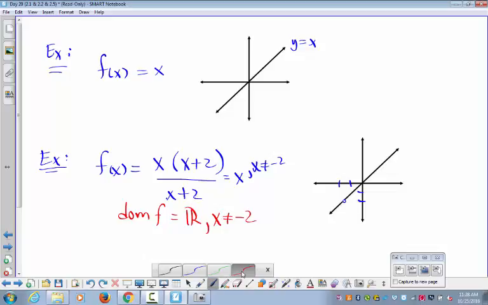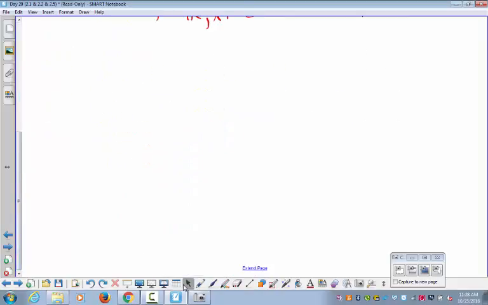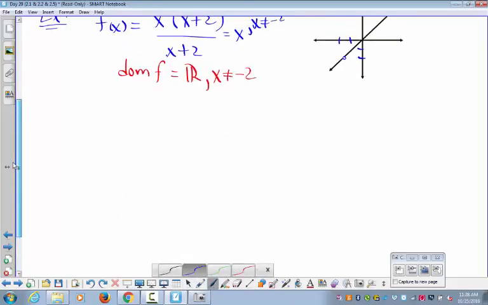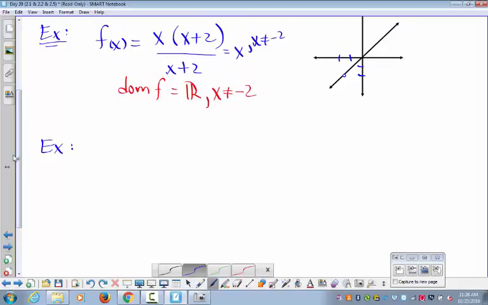And we can do this with other types of functions also. So let's suppose we have f of x equals x squared, and let's multiply by x plus 3 over x plus 3. That's going to be the graph of x squared with the point at x equals -3 taken away.